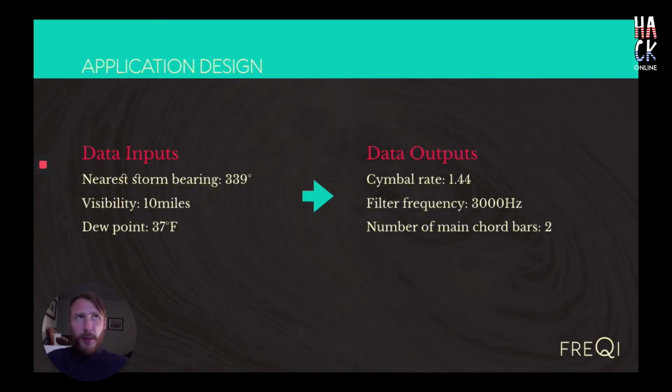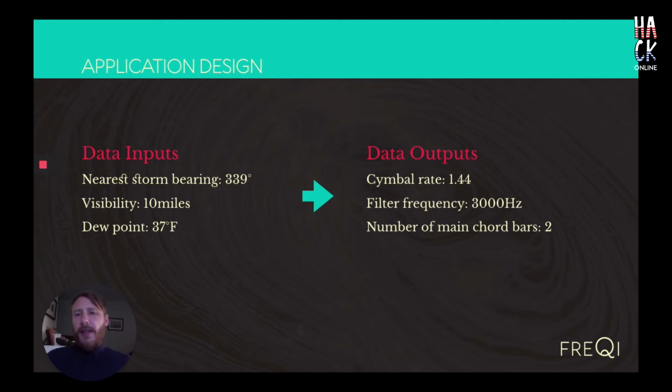So when I was designing that application, and there was quite a lot to design, a lot more than I anticipated at the beginning, I wanted to be able to map data inputs from the weather service that I was using and use those inputs as outputs for my application.